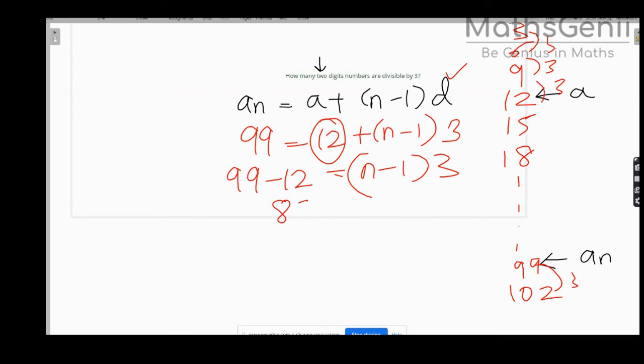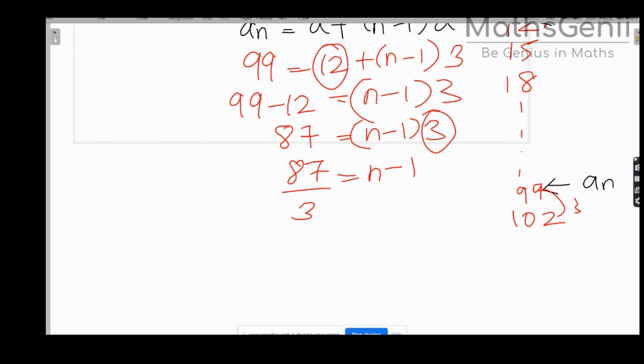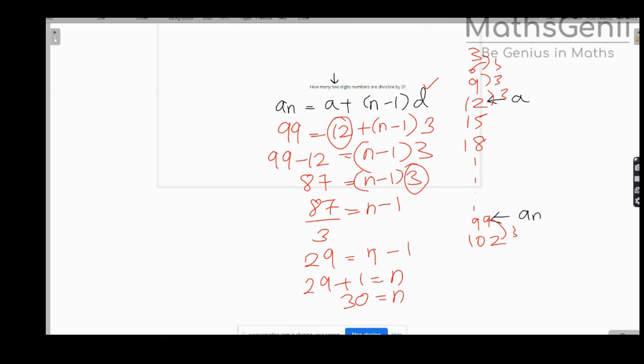This becomes 87. Multiply 3 becomes division here. So 87 divided by 3 will give you 29 is equal to n minus 1. Minus 1 goes that side, becomes plus 1. So here you have n value as 30.